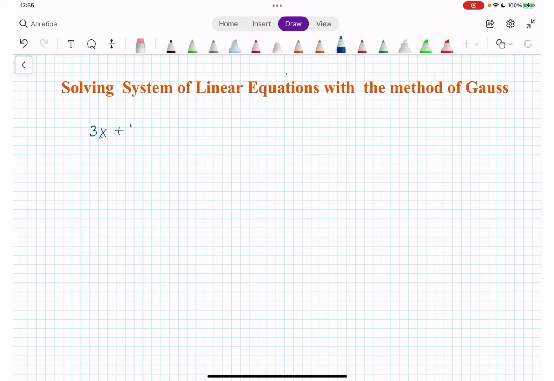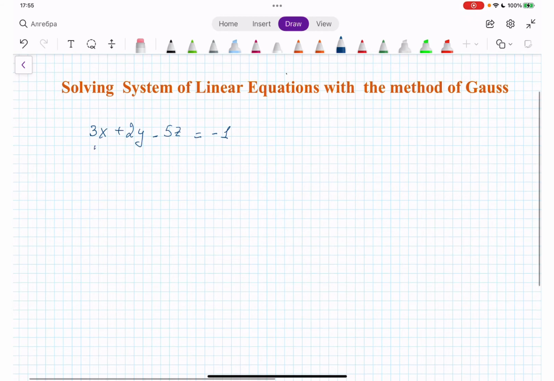So we have 3x plus 2y minus 5z is equal to -1. Next one is 2x minus y plus 3z is equal to 13.